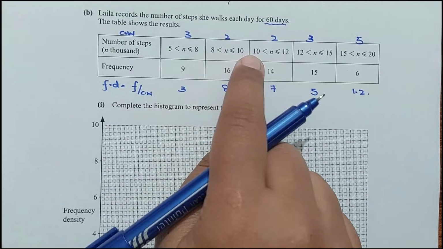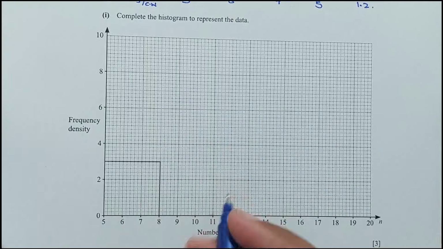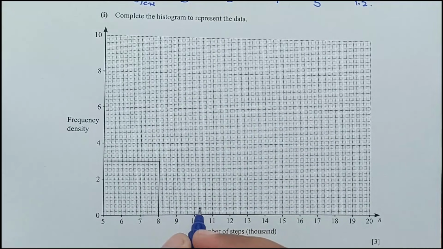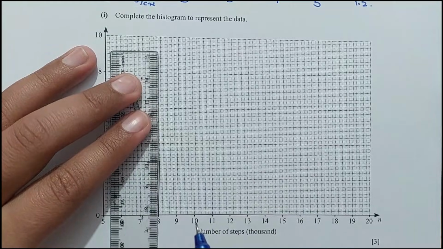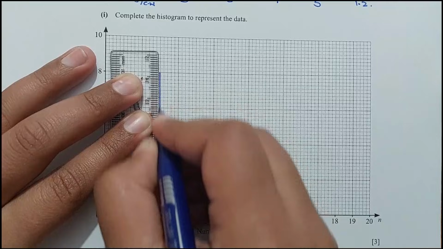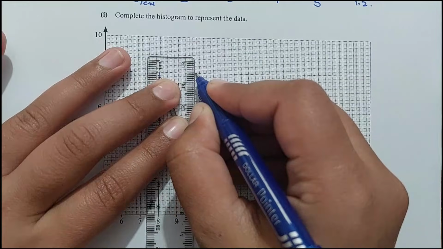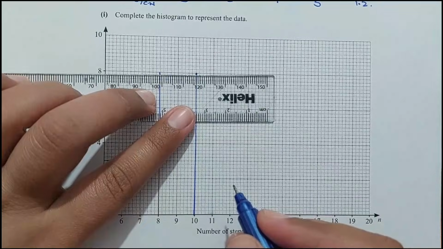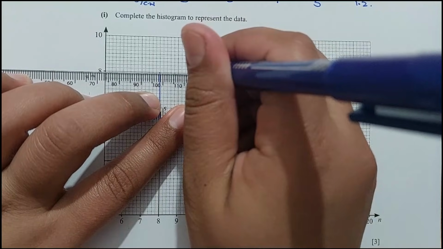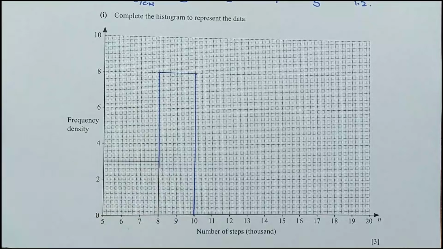Now from 8 to 10 it's 8. 8 to 10, that would be 8. This is 8 here and 8. Right.